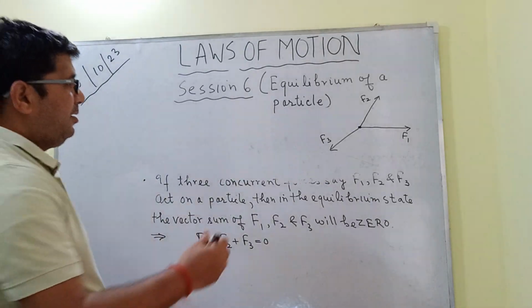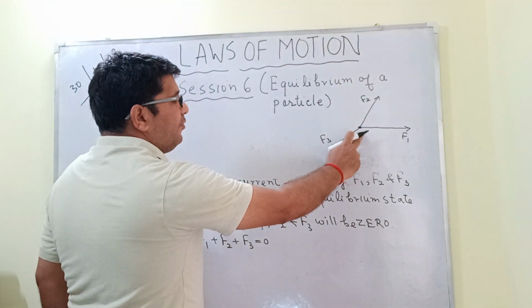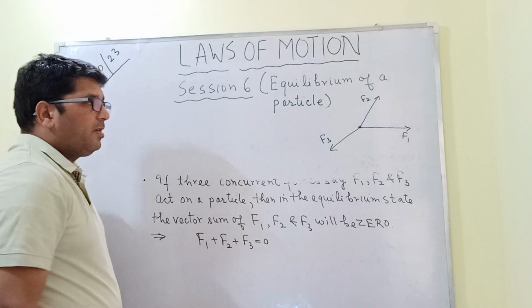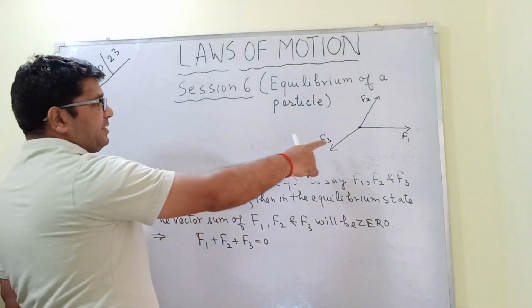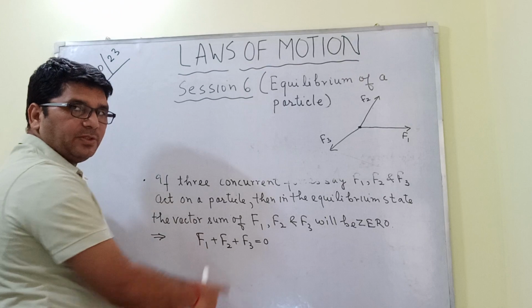Now this particle will be in a state of equilibrium when the vector sum of these three forces, that is F1, F2 and F3, is equal to 0.